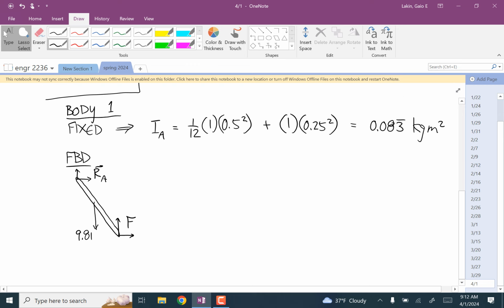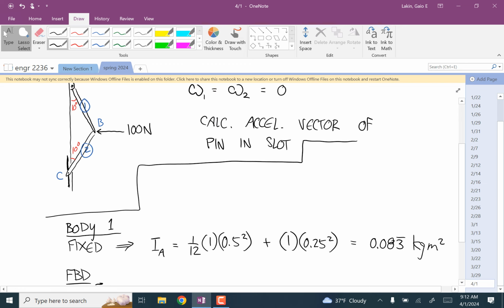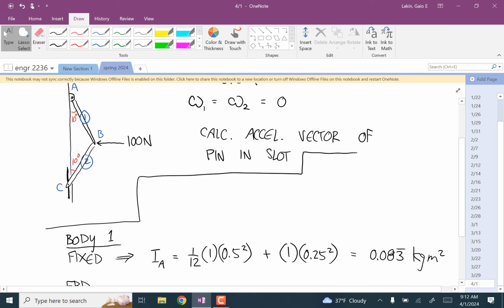Here we have the reaction force on 1/2. And then what about that 100 Newton force? Does that show up here? Yeah, you can put it on either one of those two members. If something about the picture suggests to you that it's actually applied to member 2, then that's fine. The answers will all come out the same in the end. You just don't want to double count that force.